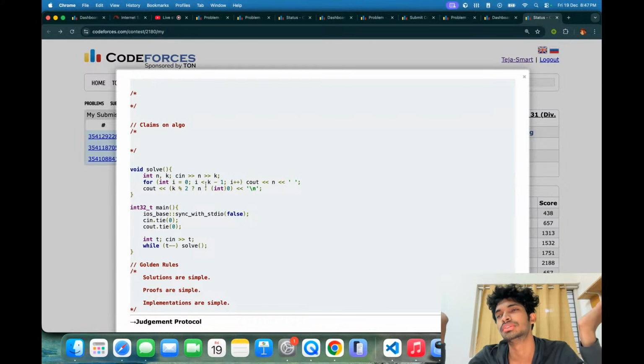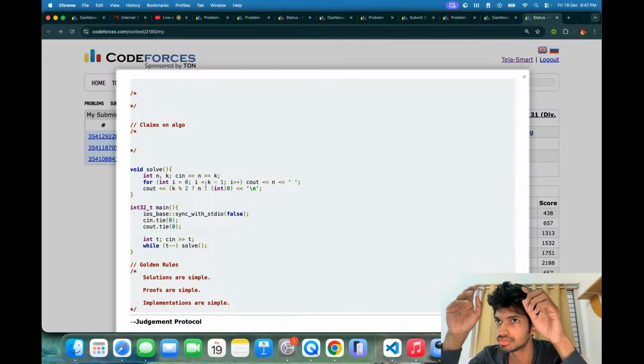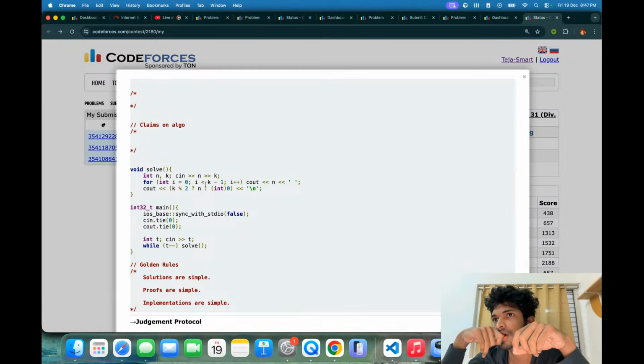I have an algorithm. Take the first two bits, make them 1 0 0 1.